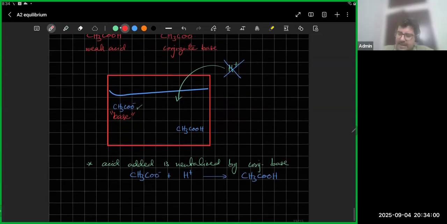So vice versa, if I add an alkali to it, what's going to happen now? If an alkali is added, it's going to be neutralized by the acid now.